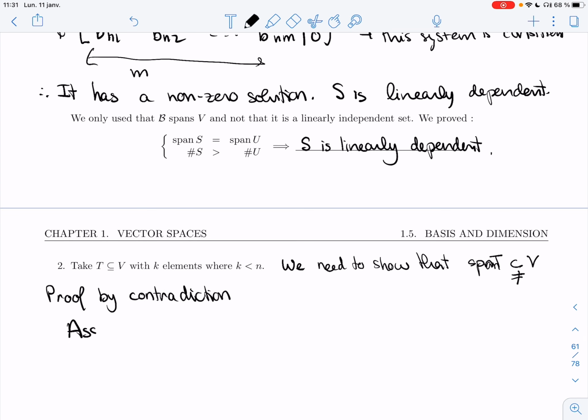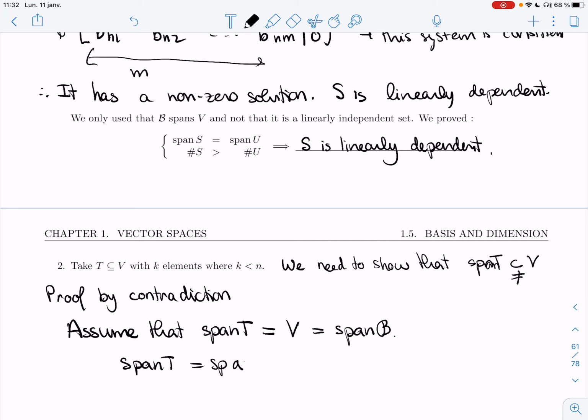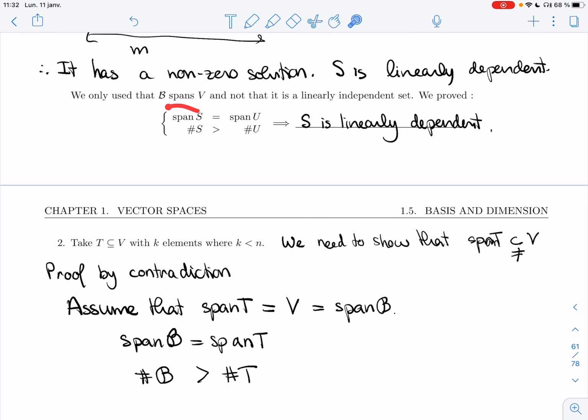So we're going to assume that the span of T equals V, and so it's equal to the span of B. Then, let me write it the other way so it looks the same as what we have above: span of B is equal to span of T, and then B has n elements, that's more than the number of elements in T, which is K. All right, so we have exactly what we assumed up here.